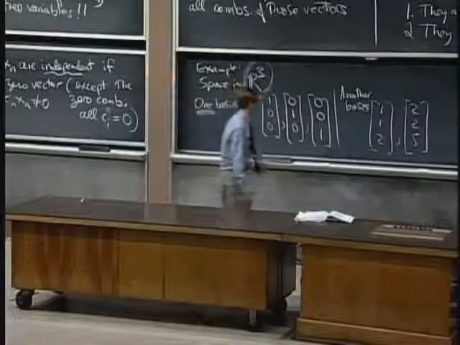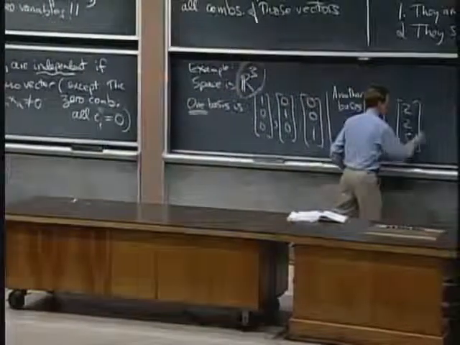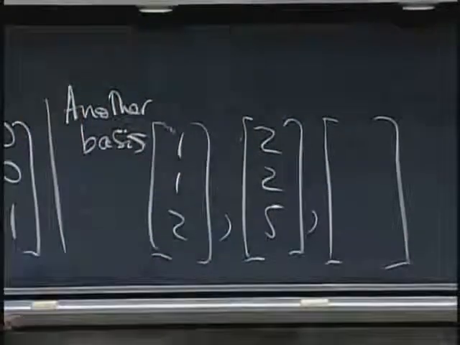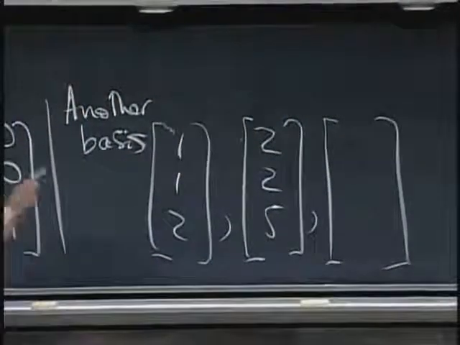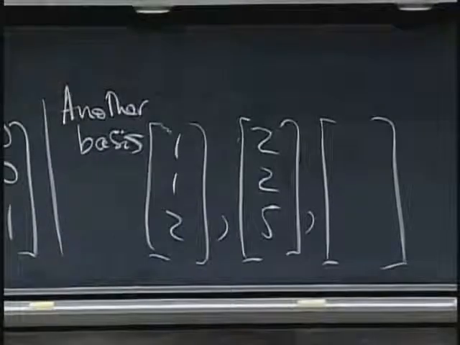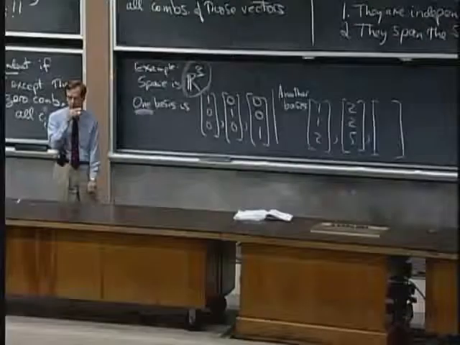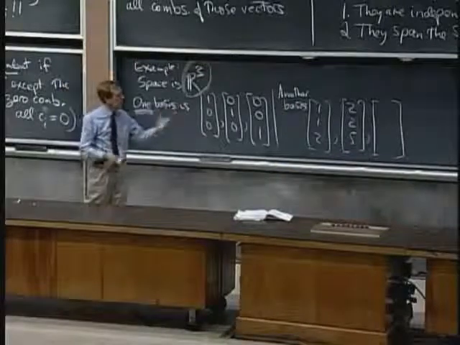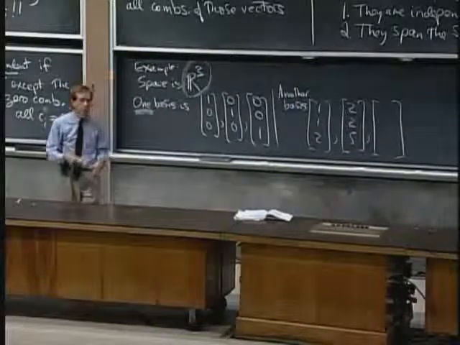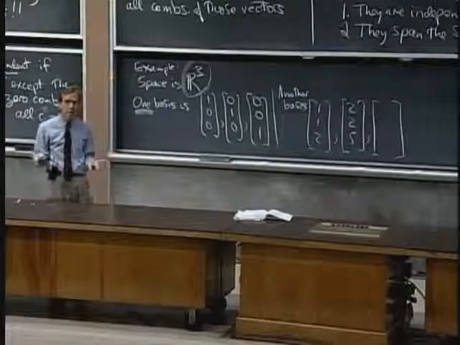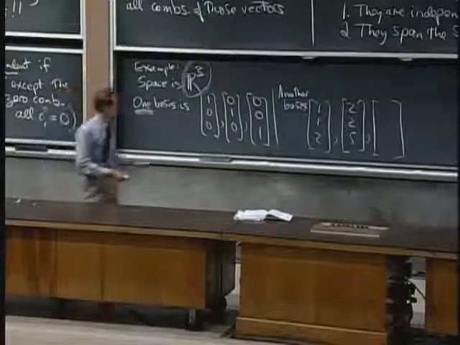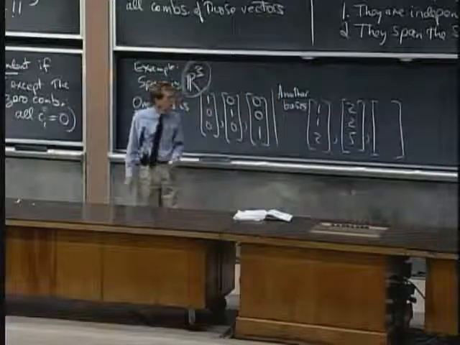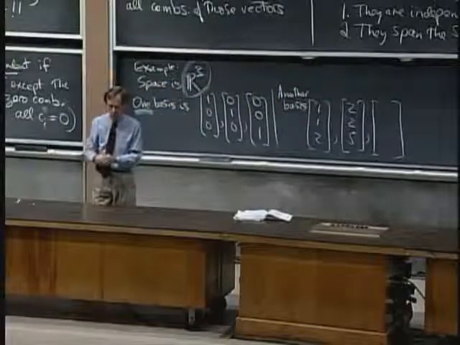Our feeling is that there are some vectors in R3 that are not combinations of those. So I need another vector then, because these two don't span the space. Now it would be foolish for me to put in 3, 3, 7 as the third vector. That would be a goof, because those vectors would be dependent. It would be the sum of those two. It would lie in the same plane as those.